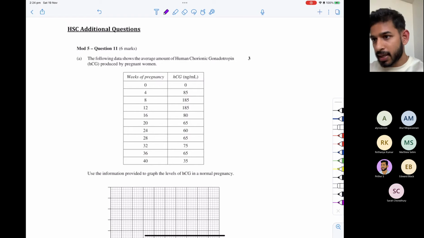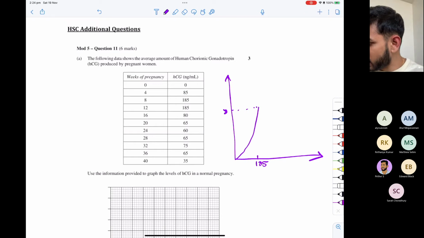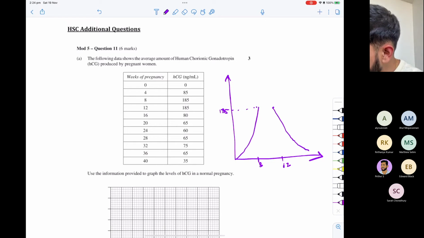So logically looking at this graph, what I see, if I was to just very quickly graph it for you all, starts at 0, it goes up to 185, should be on the y-axis. So by week 8, it hits 185. Sorry, again, I'm doing it the wrong axis. It's 185 at week 8, and then at week 12, it's at 185, and afterwards, it drops like this.